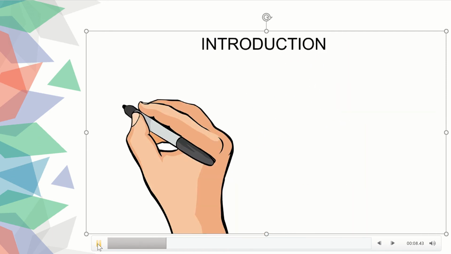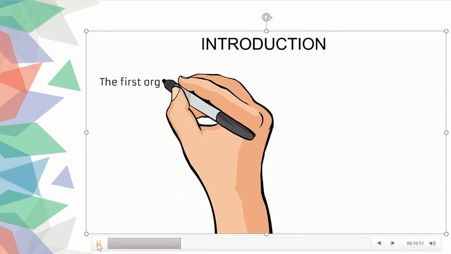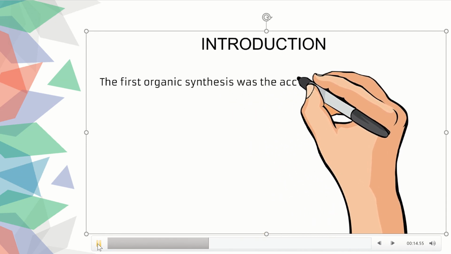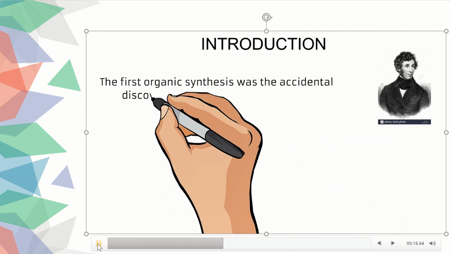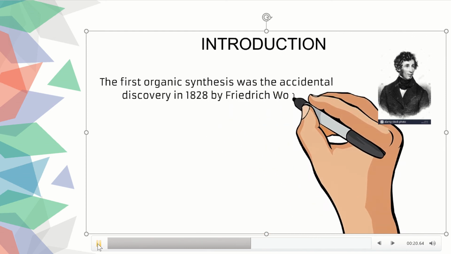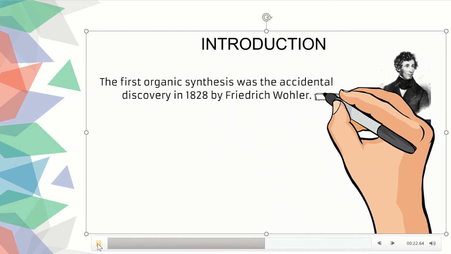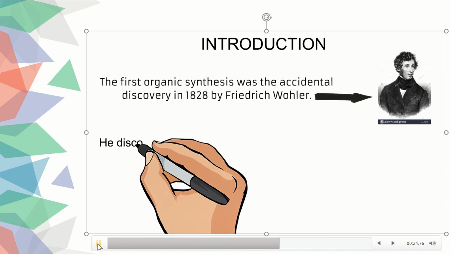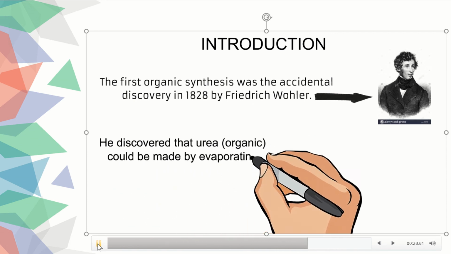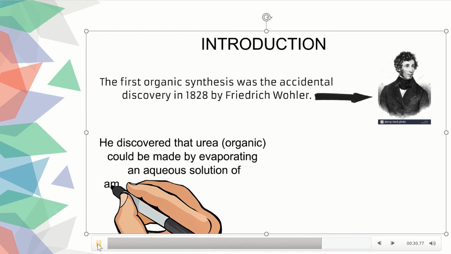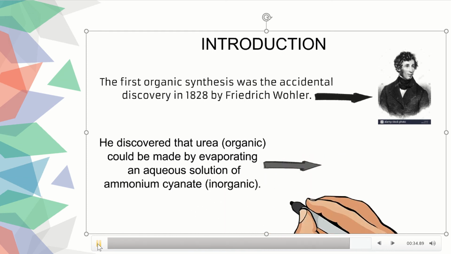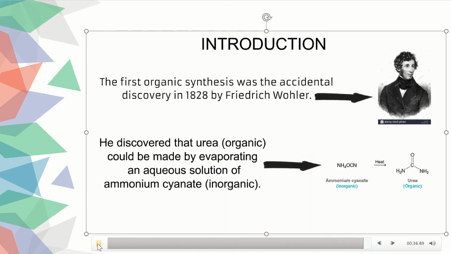So, in this introduction, I'm introducing organic chemistry. The first organic synthesis was the accidental discovery in 1828 by Friedrich Wöhler, and that is his image. He discovered that urea, which is organic, could be made by evaporating an aqueous solution of ammonium cyanate, and that is the reaction.